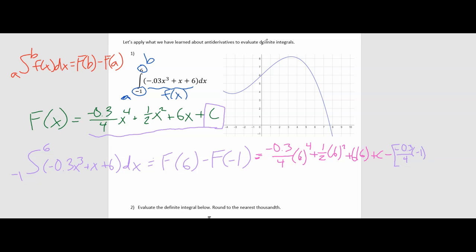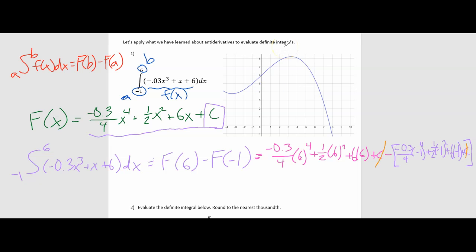Now I'm substituting in -1 for x. Hoping I can fit it. There we go. You'll notice when I subtract capital F of -1, these c's are going to simplify, right?